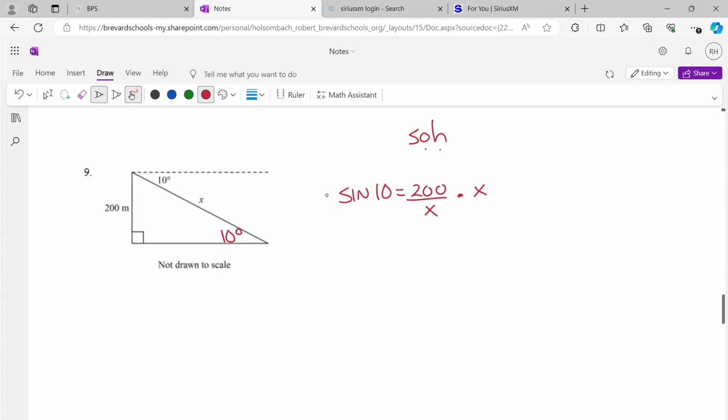Multiply both sides by x. The x's on the right cancel. And then to get the variable by itself, we're going to divide both sides by sine 10. Sine 10's cancel, and our x is equal to 200 divided by sine 10, which equals 1151.8. Anybody else get that?